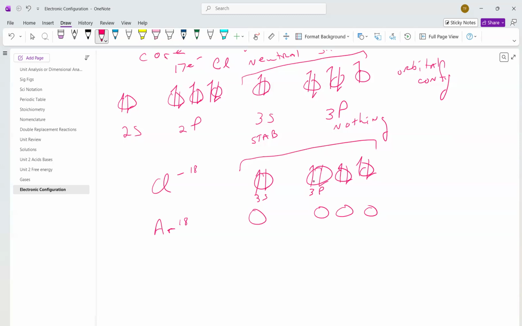An ionic compound has to have a giver and a taker. No exceptions. Okay? If you give away 3 electrons, you better have something to receive those 3 electrons. Otherwise, nothing's gonna happen. Okay, so this is argon with 18 electrons.